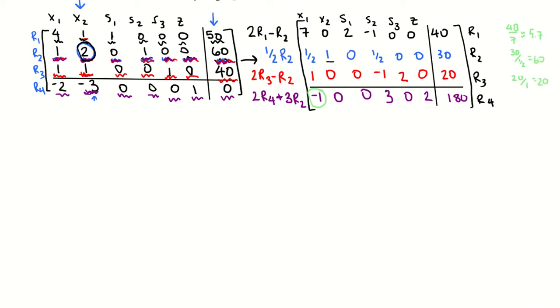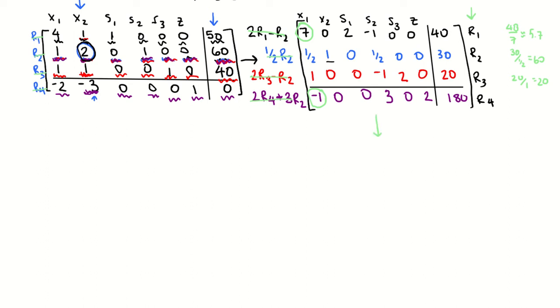The least of these is 5.7, so that means our pivot is the 7 in this column. I'm going to cross out the old labeling just so we don't get confused. Because now our labels are here. Okay, so we want to change all of the entries so that we have a 1 in that pivot spot where the 7 is, and we have zeros elsewhere in this column.